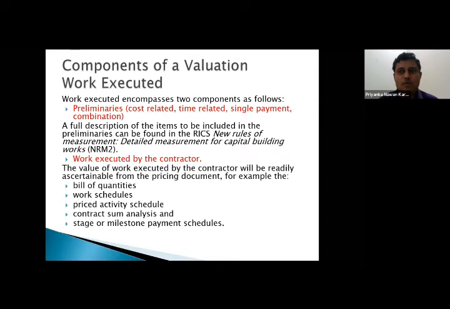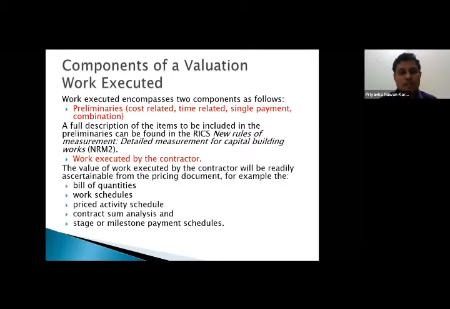As you all know, when there is any sort of extension of time claim or any sort of loss of time, the cost related and time related preliminaries, the running cost of preliminaries, carry gravity. It is the governing thing in assessing the contractor's payments, apart from the additional works executed.